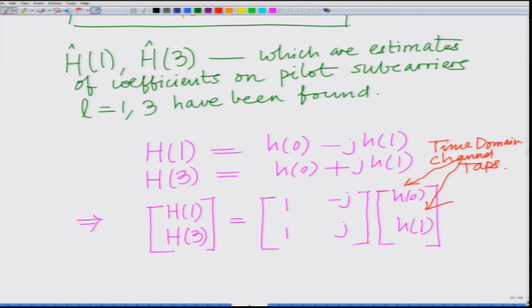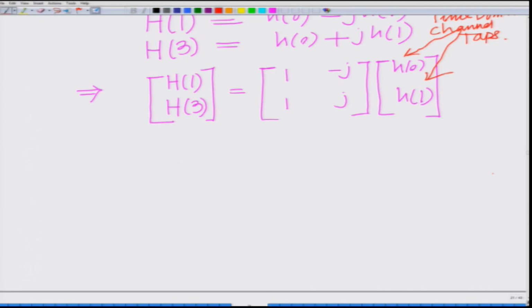These are the time domain channel taps of the ISI channel, and these are of course the coefficients on the pilot subcarriers.